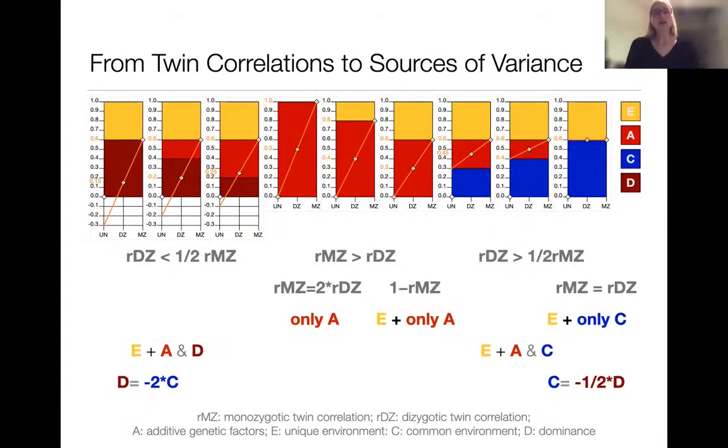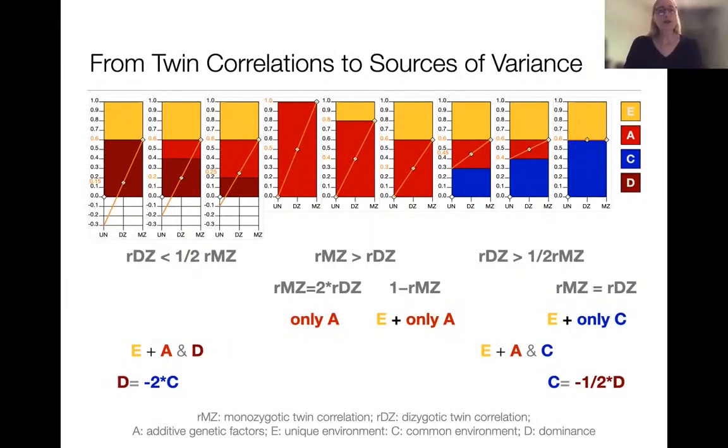But there is still a little bit of evidence for additive genes because the DZ correlation is still less than the MZ correlation. In the final graph on the right, the MZ and DZ correlation are estimated to be the same, which is consistent with there being just common or shared environmental factors contributing to the familial resemblance, and no evidence at all for genetic factors because there is no difference between the MZ and the DZ correlation.